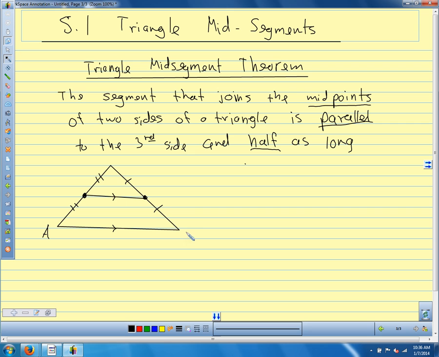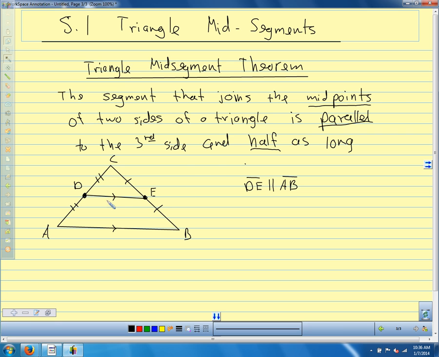We'll call this A, B, C, D, and E. So this is what our picture would look like. These points are the middle of these two sides of the triangle. These two segments are parallel. And so we would say DE is parallel to segment AB.